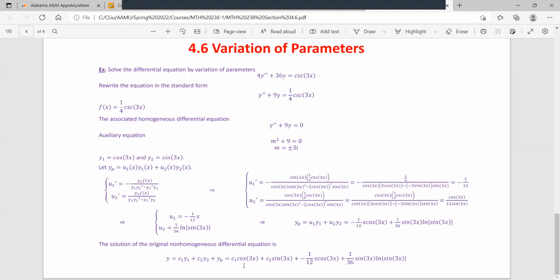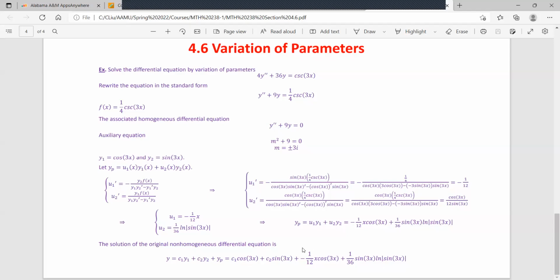So that's just c1 cosine 3x plus c2 sine 3x, minus 1/12 x cosine 3x plus 1/36 sine 3x times the natural log of the absolute value of sine 3x. So that's the final answer for this problem.